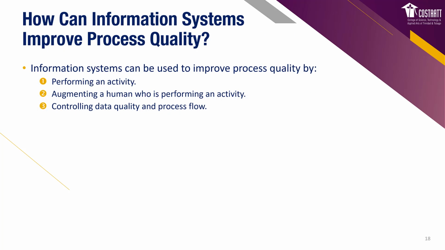So how can information systems improve process quality? And we've already hinted to you and even showcased a few times how information systems can improve quality, such as having a barcode strip at the back of your ID or your driver's permit, and a police officer can swipe your driver's permit, and it makes the whole ticketing process a lot more efficient.